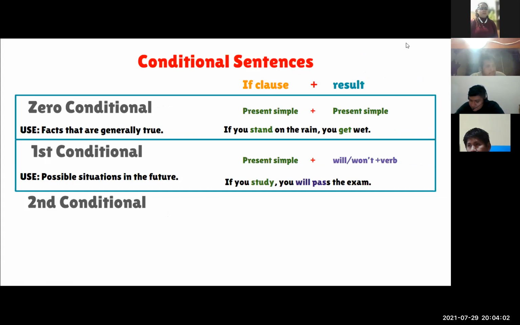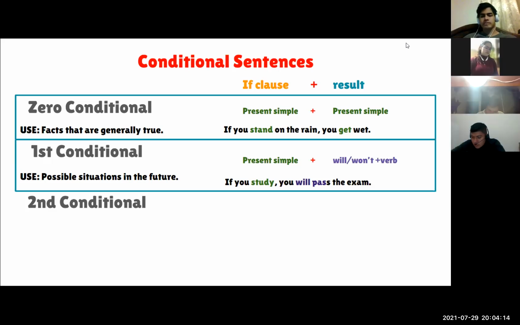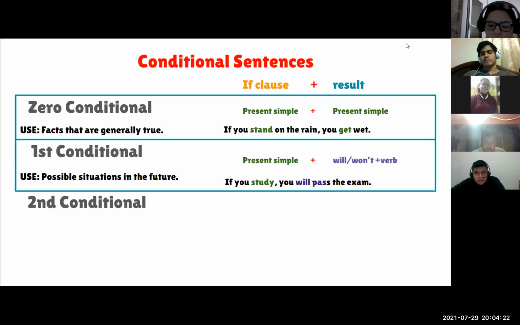If I were rich, I would buy a house. When do we use it? Less probable things. No, less probability. When something is less probable to happen. Okay. Yes. Anybody else?